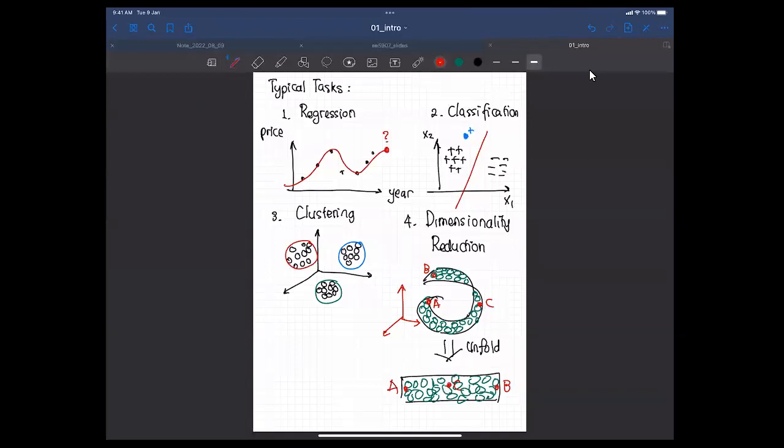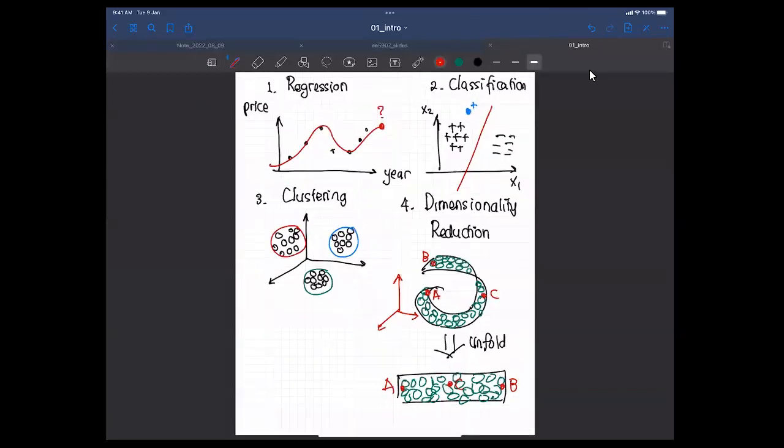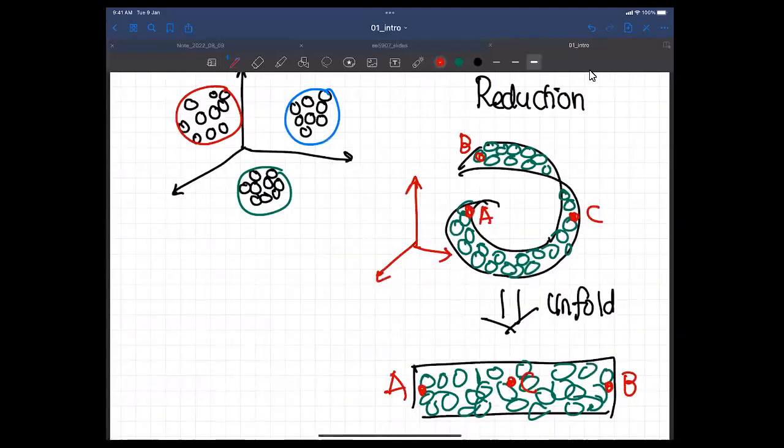Yes. Oh, the manifold is this one. This is called the manifold. You see that the data is actually in a 3-dimensional space, x, y, z. But there is a manifold, a structure, in the black ribbon there. The black ribbon is called the manifold. We want to find that black ribbon.